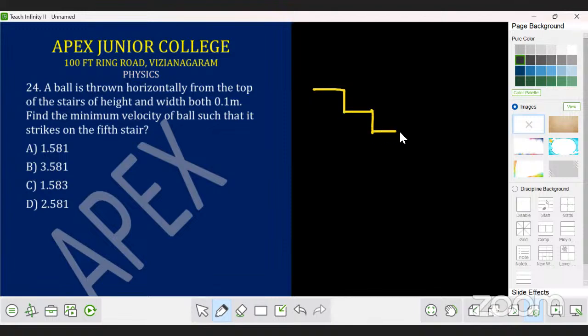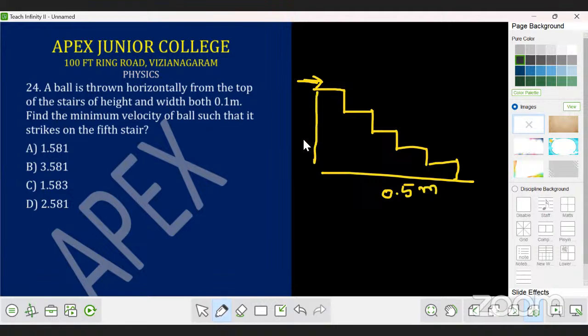Like that, it has to cross, I think, 5 stairs. If it is thrown from this particular one, what is the total horizontal distance it travels? Each one 0.1, so 0.5 meters. What is the total height it travels? Each height is 0.1, so 0.5 meters.